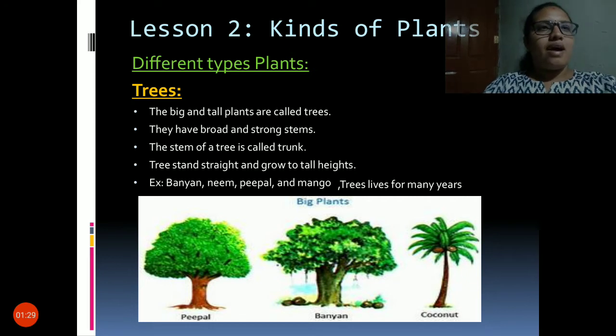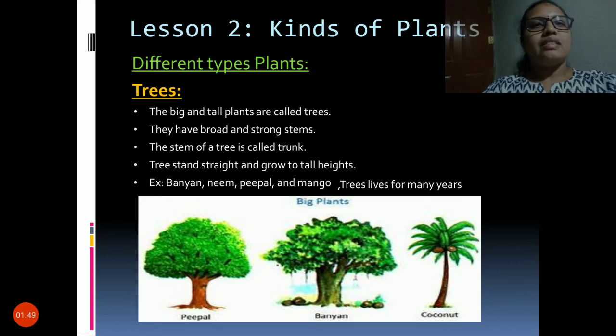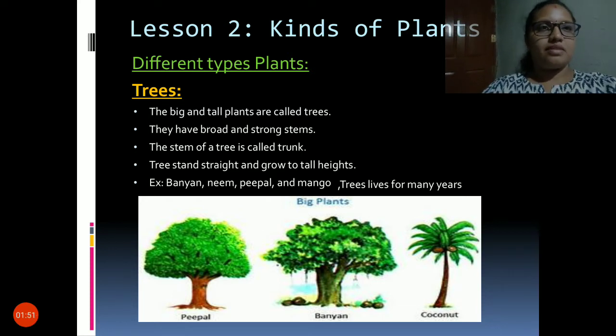The big and tall plants are called trees. They have broad and strong stems. The stem will be very strong and broad. These strong stems are called trunk.